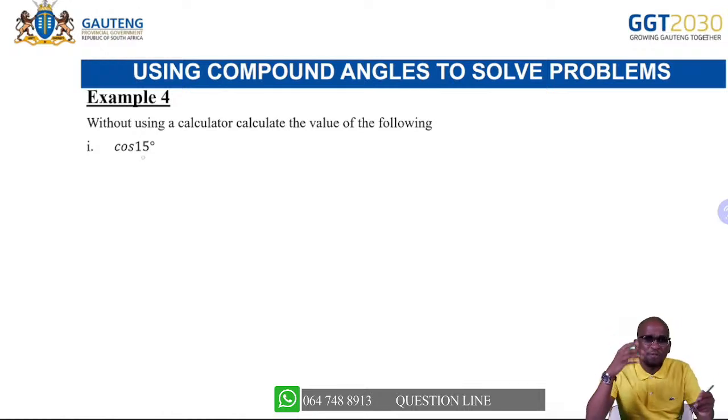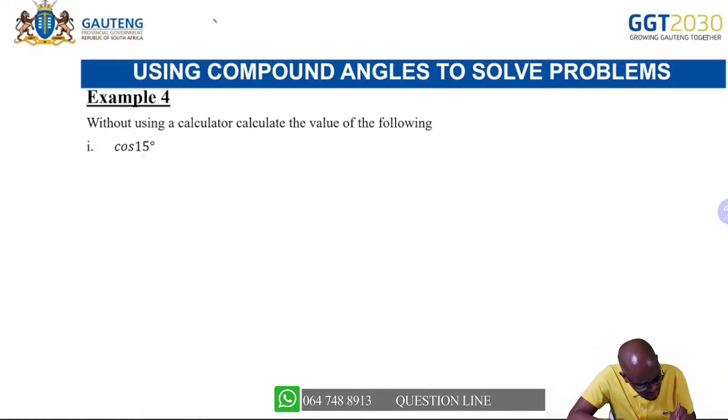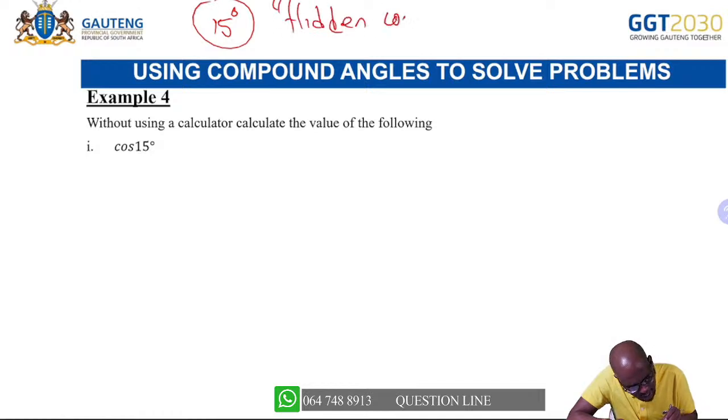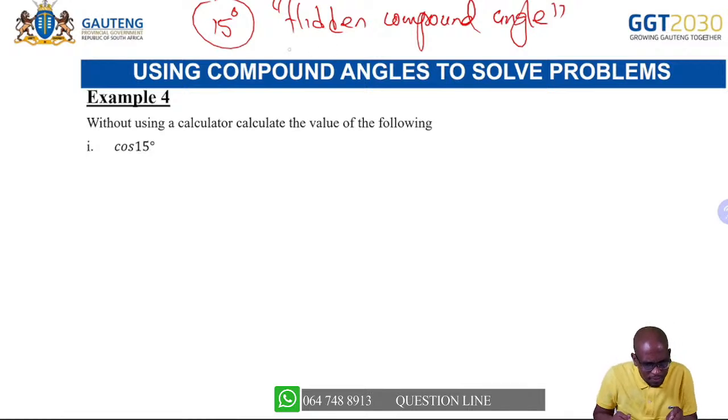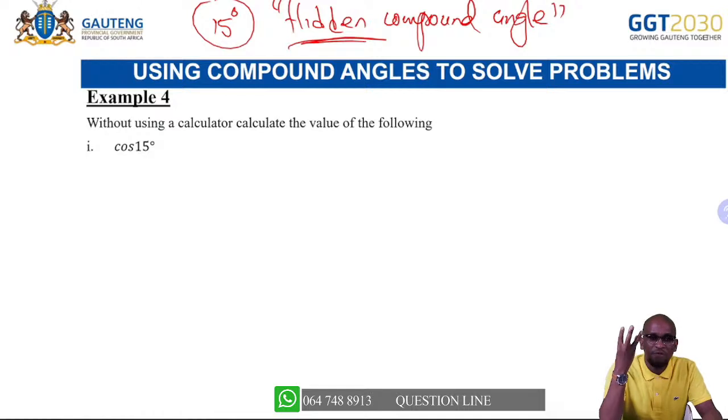So the cosine of 15, now we need a new skill, because this 15 here is what we normally refer to as a hidden compound angle. Or this 15 hides compound angles. It's a form that has compound angles in it.